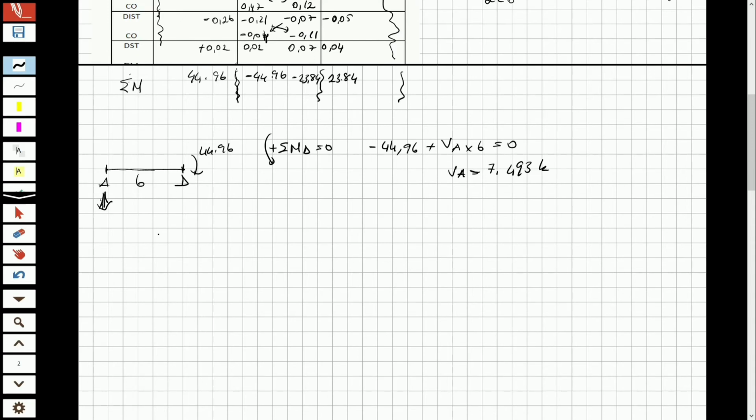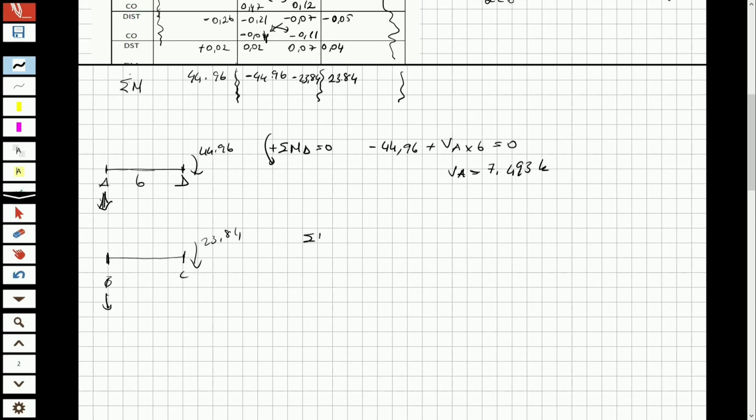And let's find it for the second part. For the second part, this is C, and this is B. Okay, one second. We're going to write here as B, and this is C. In this direction, this is 23.84, and there is a VB here as the shear.